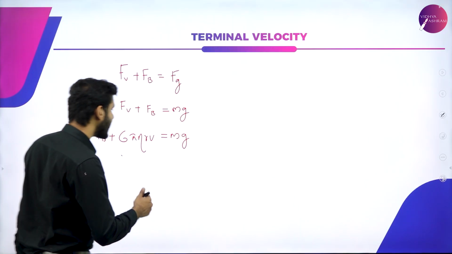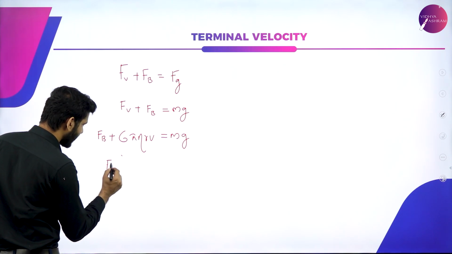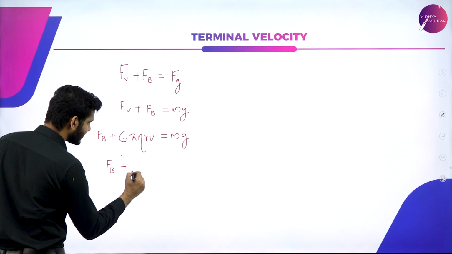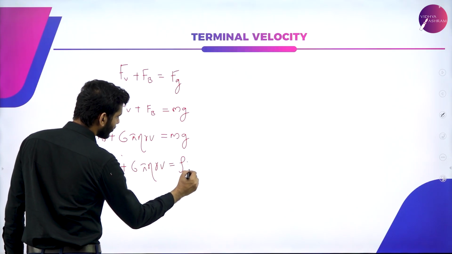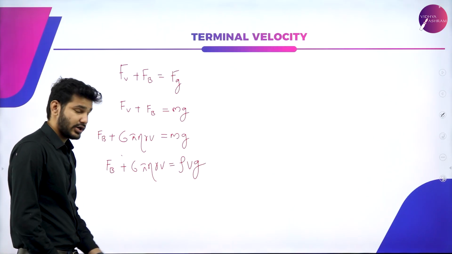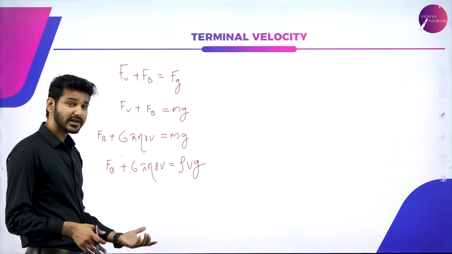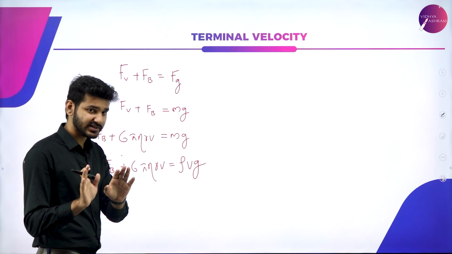So we can just say that m will become rho V. So we can rewrite this as Fb plus 6 pi eta Rv is equal to rho V into g. There is a V here, there is a V here. Don't go ahead and cancel that particular V because we have a slight use for that. So keep it just like that.